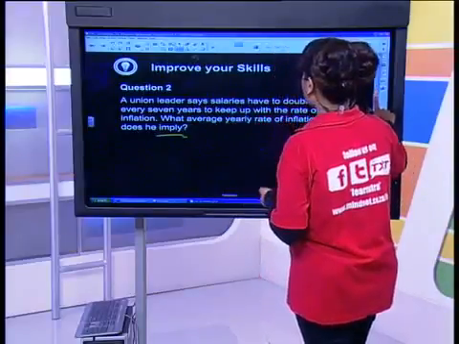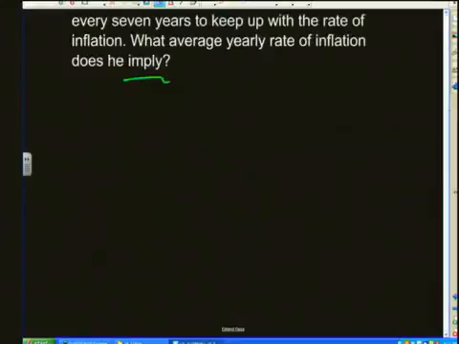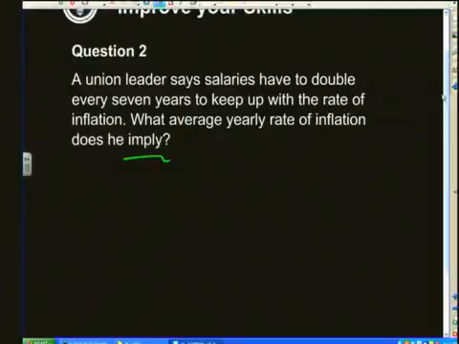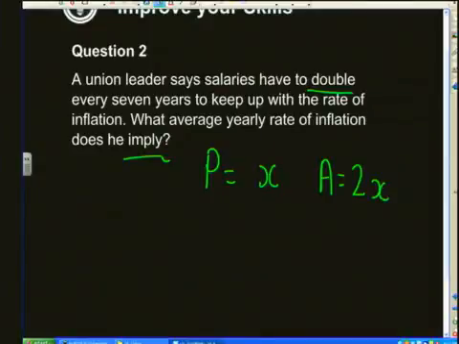Okay, so here we know that salaries have to double every 7 years. They don't give you a specific value. All they tell you is that it's got to double. So if your initial salary P is X, then the final salary or the accumulated amount we want at the end of that 7 years has got to be 2 times X. So by using a variable, we're saying it doesn't matter what amount it is, it's going to be 2 times that amount at the end.